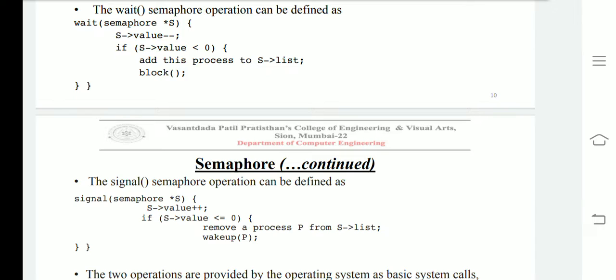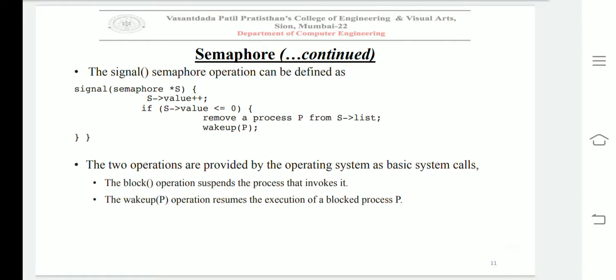When a process executes the wait operation and finds the semaphore value is not positive, the process waits. Here the process can block itself. The block operation puts the process in a waiting queue. Then control is transferred to the CPU scheduler, which selects another process to execute.